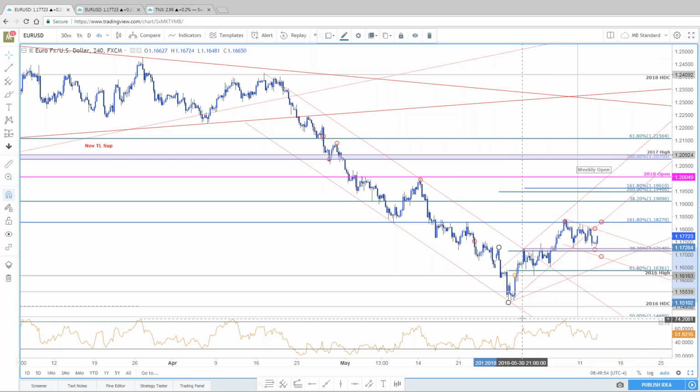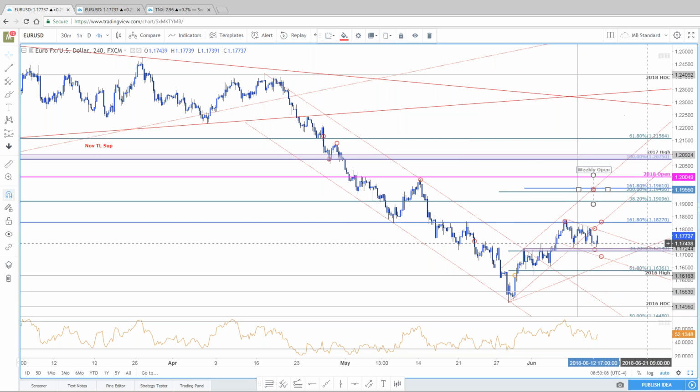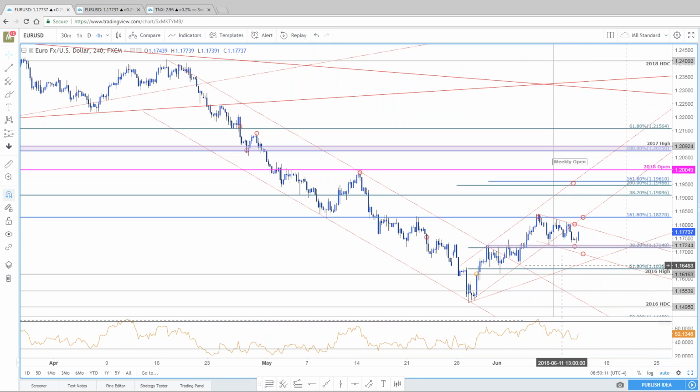So the measured move, the target on that move is 119.46. 119.61 is the 1618 of that first leg up. So this would be the breakout level to look for on a more extended break in the euro. Okay. First things first, though, look for resistance at these two regions.